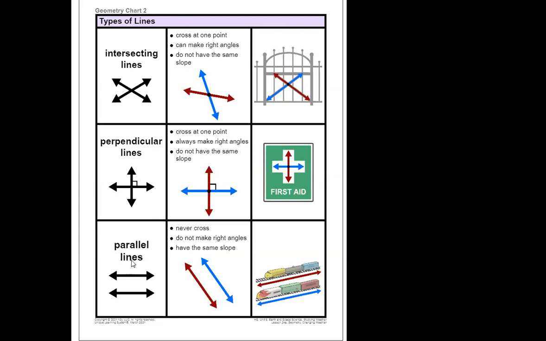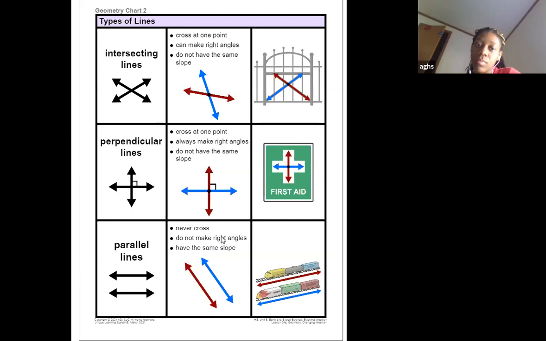All right. And our last set of lines are called parallel lines. These lines never cross. They do not make right angles, and they have the same slope. So do parallel lines cross each other, yes or no? No, they don't.